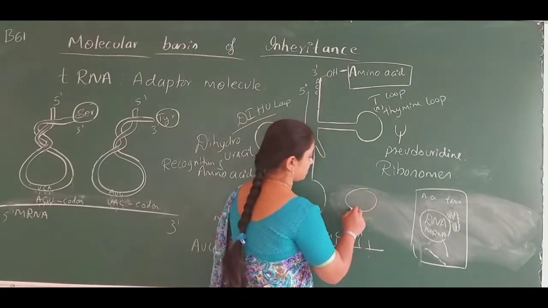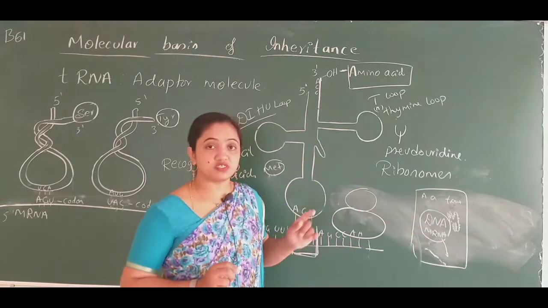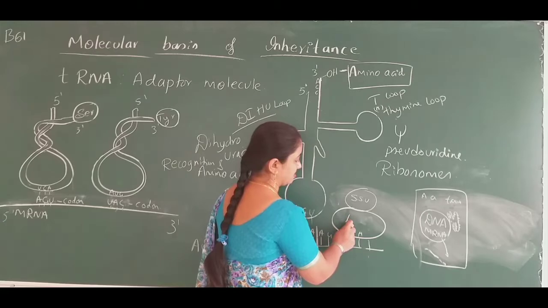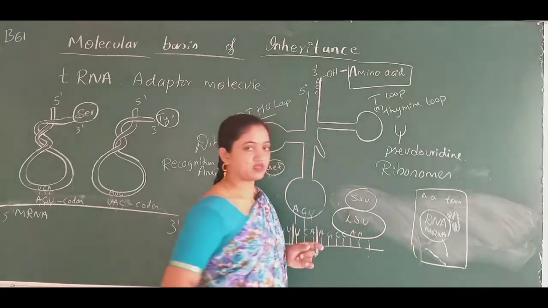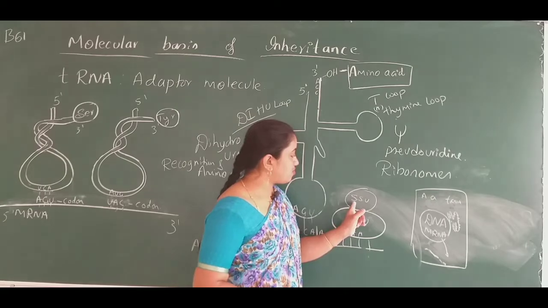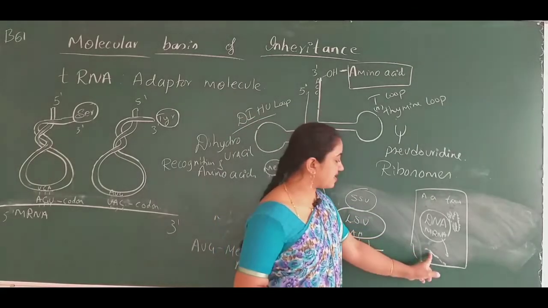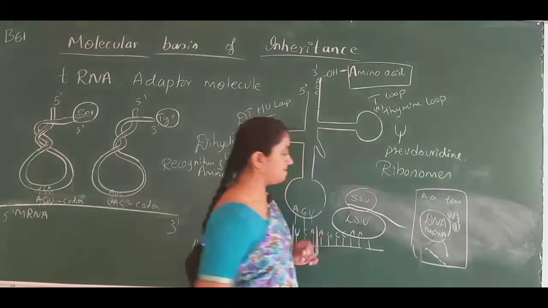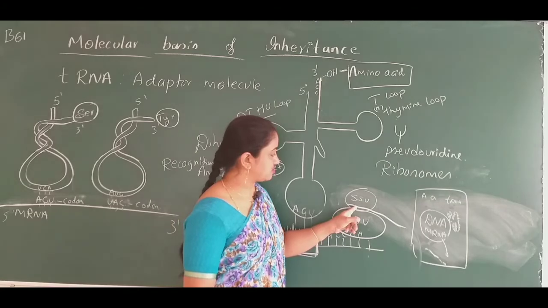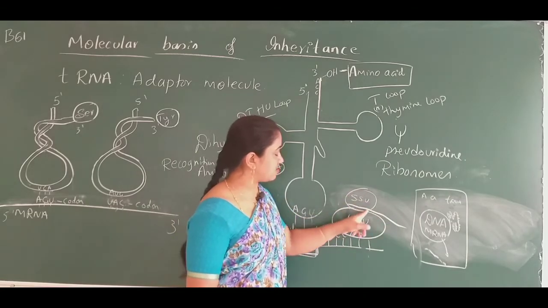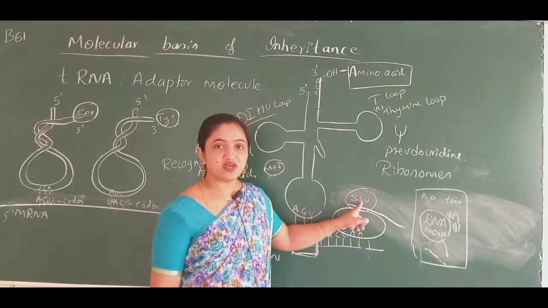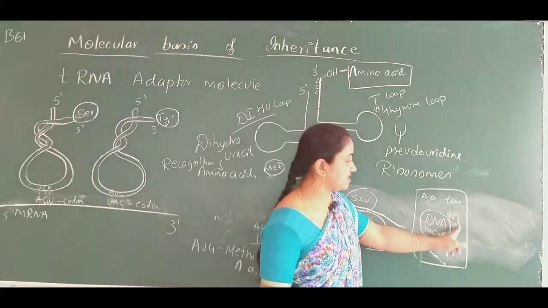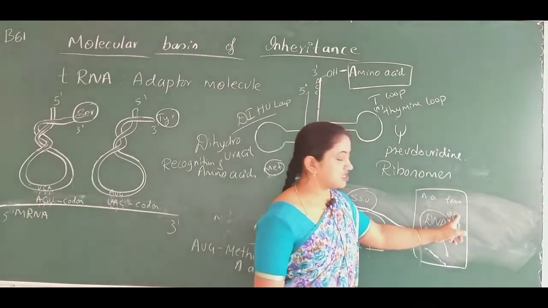Consider this is the structure of the ribosome, with the smaller subunit and larger subunit. The mRNA binds at the smaller subunit of the ribosome. The ribosomes will be on the endoplasmic reticulum itself.